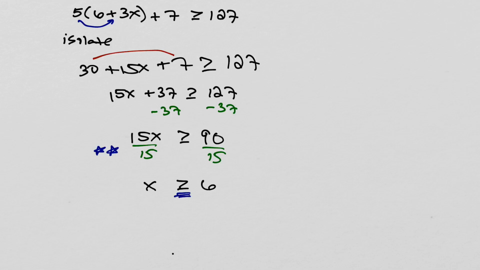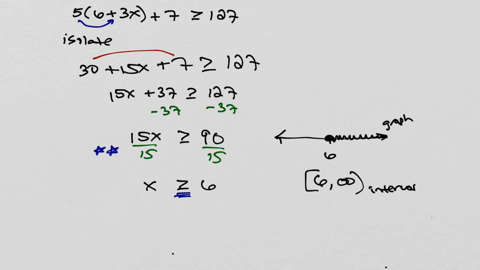So we're good here. The graph of the solution set looks like this. There's 6. I want to use 6 and everything bigger than 6. I start at 6, go to infinity. That's what the interval notation looks like. So there's the interval of the solution set, and here's the graph of the solution set.